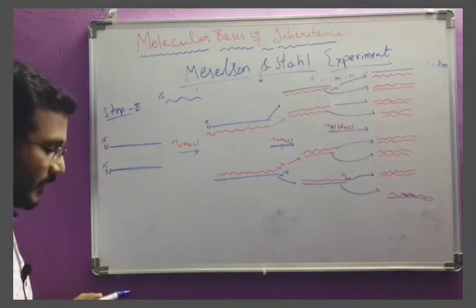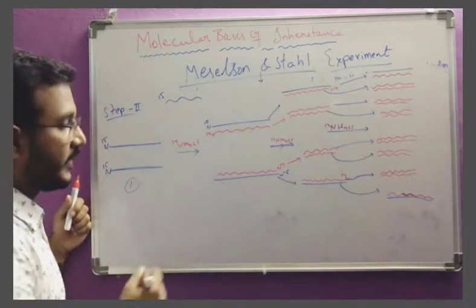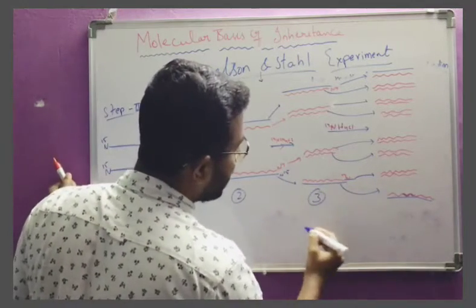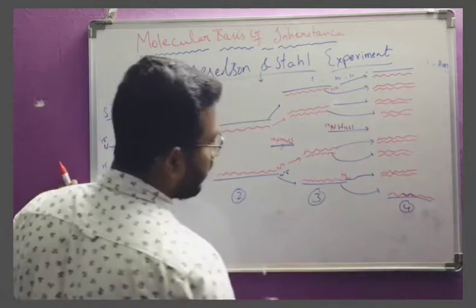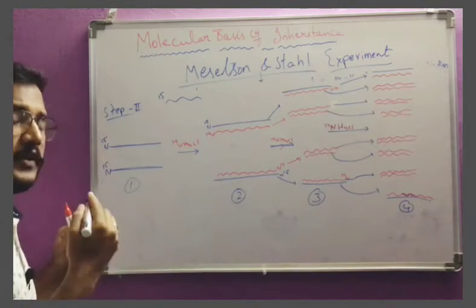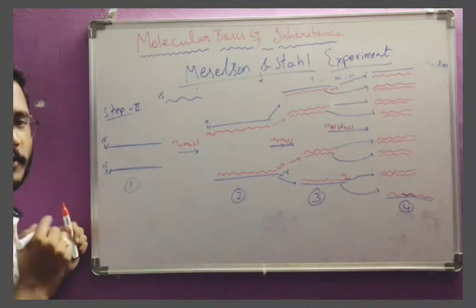Now observe the DNA molecules. This is the first generation, we allowed for division, and this is the second generation, and further division, this is the third generation, and this is the fourth generation. Now we will calculate the percentage and we can assume whether it is following the semi-conservative method or not.